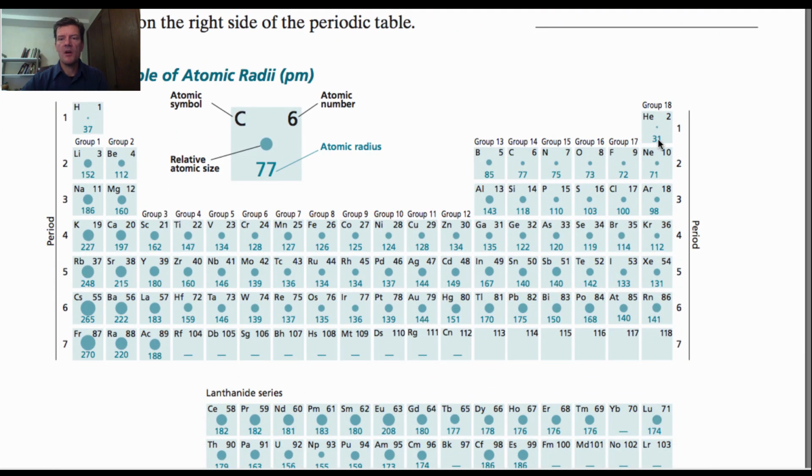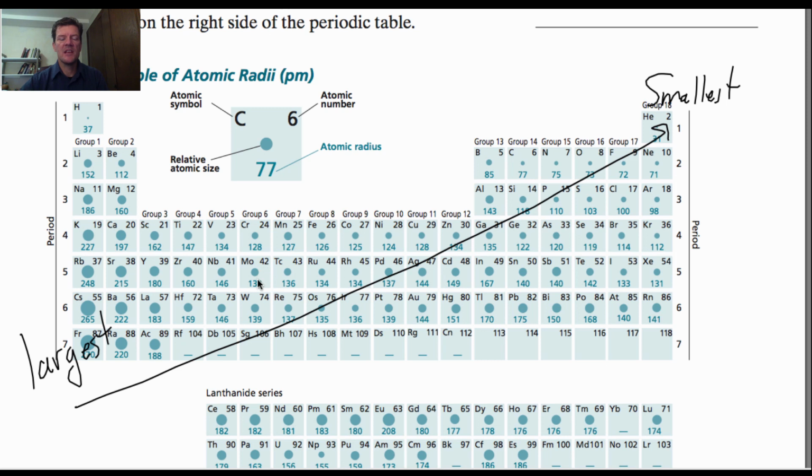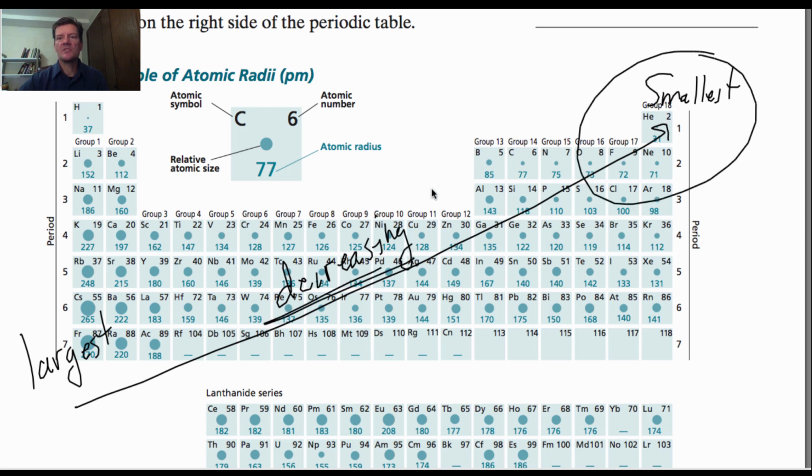You'll notice the smallest atoms are up here, and the largest ones are down here. Sometimes we draw a diagonal arrow like this, and this is decreasing size. Smallest ones up here, largest ones down there.